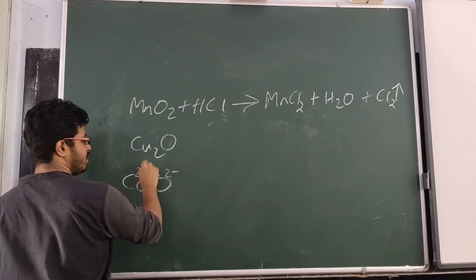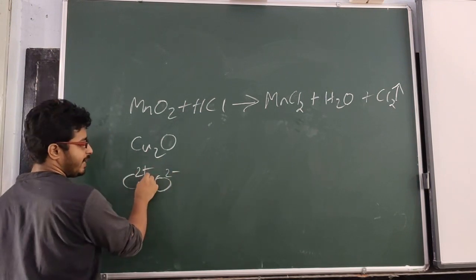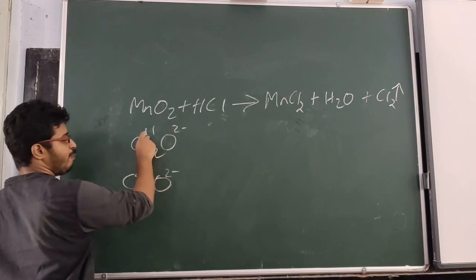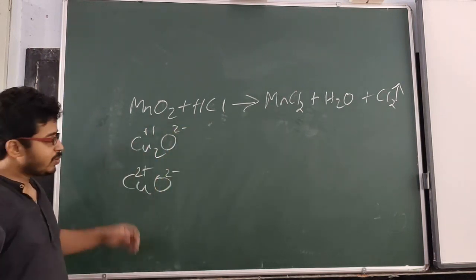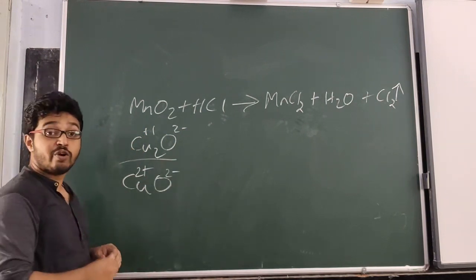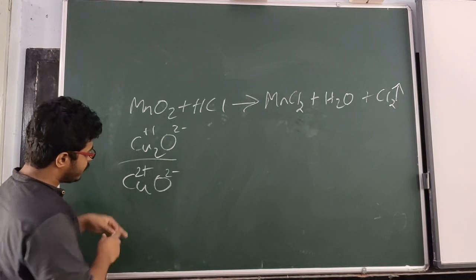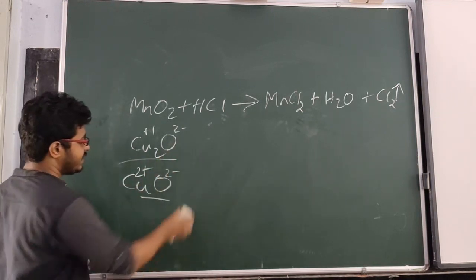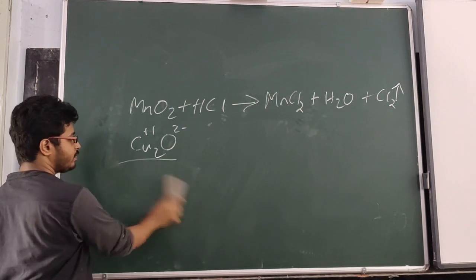Here Cu is in the +2 state, here Cu is in the +1 state. So Cu2O is, in other words, cuprous oxide. This is cupric oxide, this is cuprous oxide. The cuprous oxide is an oxidizing agent.